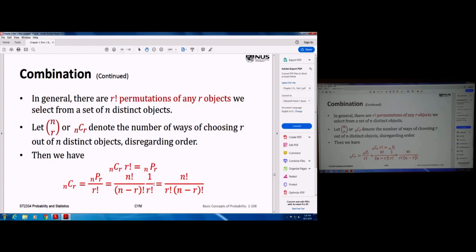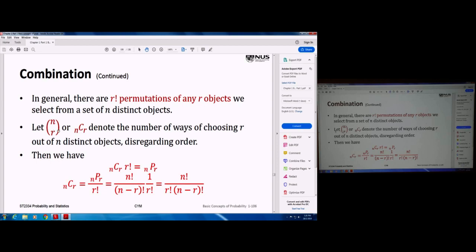So we select from a set of n objects. So n choose r is denoted as the number of ways of choosing r out of n objects, disregarding order. Okay, and we want to understand the intuition for the formula that we gave.